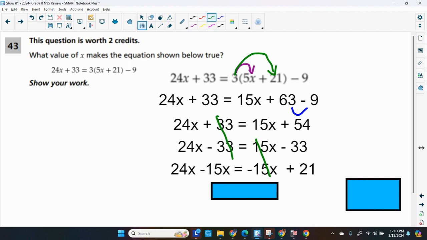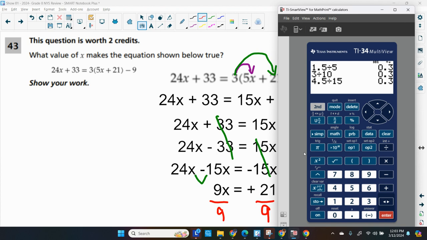And now 24x minus 15x gives us 9x. So I have on the right side plus 21. On the left side, I got 9x. Now you should know how to go from here. All we need to do is divide both sides by 9 and simplify.